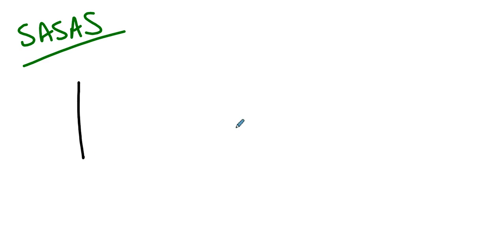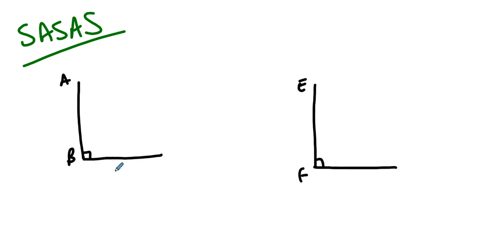But take the same argument and play this game. You've got a side, AB, EF. You've got an angle and a side, you've got an angle and a side, right?